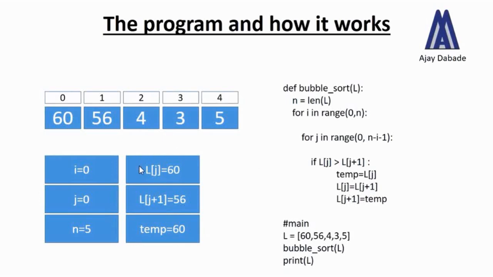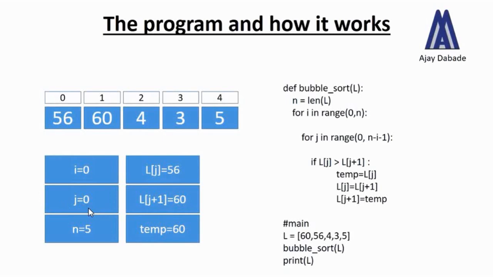And then the next statement, L of j plus 1, that is 56, will get stored in L of j. So here we go. You have seen that the value of L of j has now turned to 56, and at last the value that we stored in temp will get stored in L of j plus 1. So we will swap the numbers.